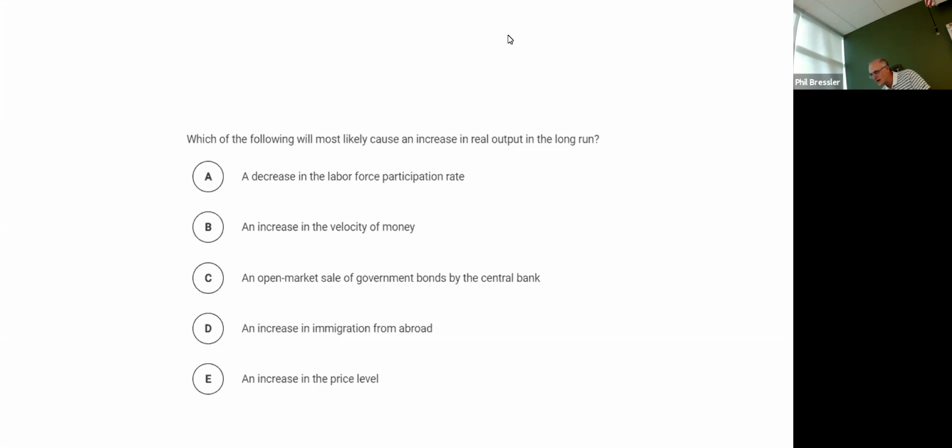strong. All right, anytime they're talking about real output in the long run, they're meaning something that would shift the LRAS curve or the production possibilities curve, which is the same.